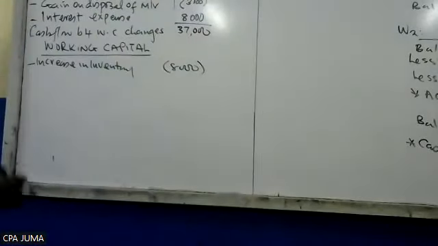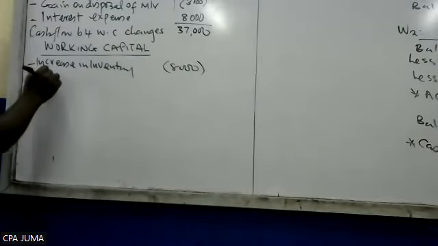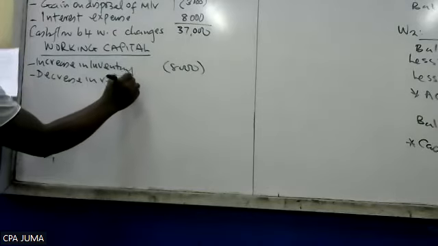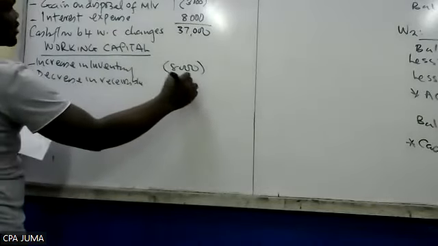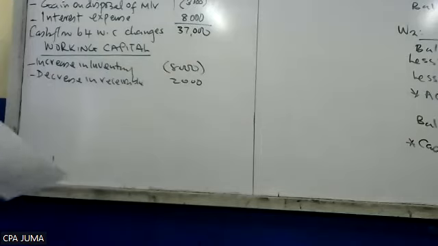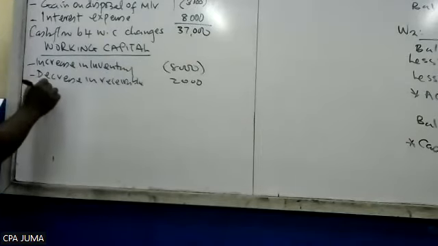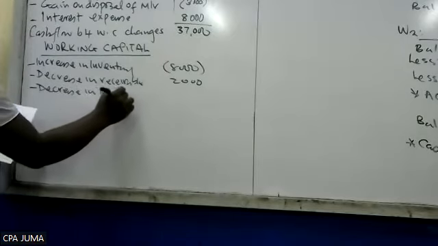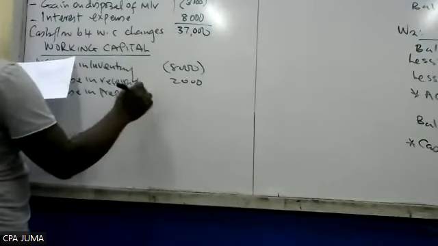Then receivables decrease. So decrease in receivables, how much? 2. You add, you less? You add. You are collecting debts. Decrease in prepayment, how much? 2.